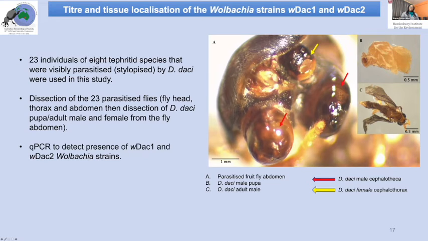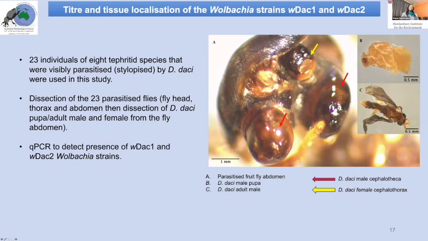So this very interesting or bizarre image here is a parasitized fruit fly abdomen with this red arrow pointing to the DDC male cephalotheca, and the yellow one is the female cephalothorax. And B is DDC male pupa and male adults.